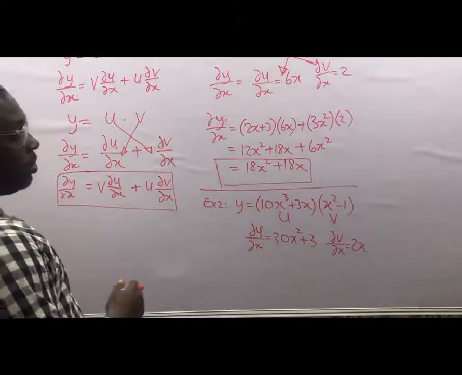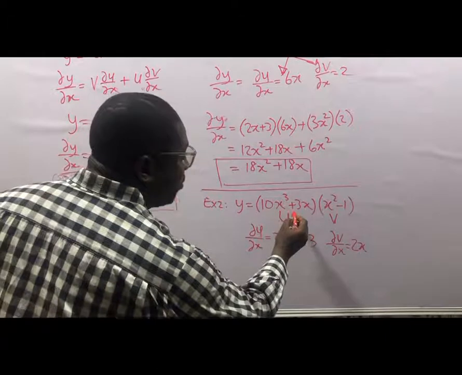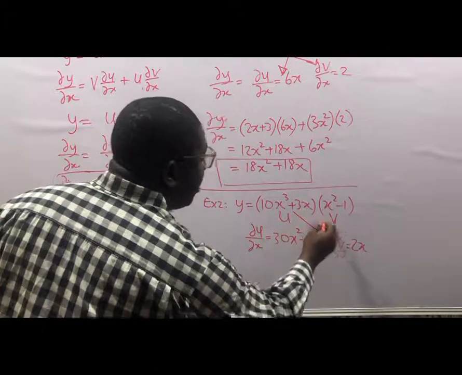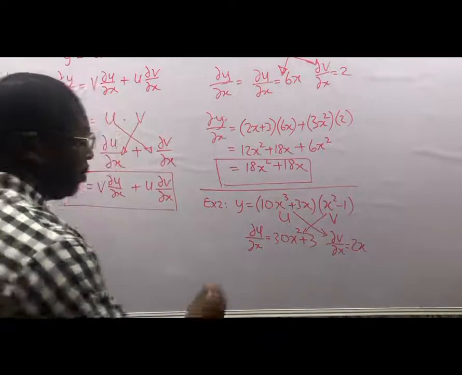Now what we do is to multiply. We cross multiply this to this, and then cross multiply this to this.